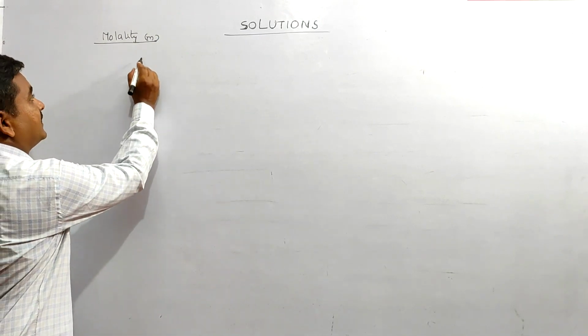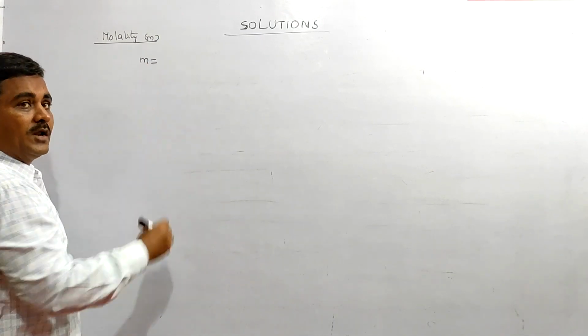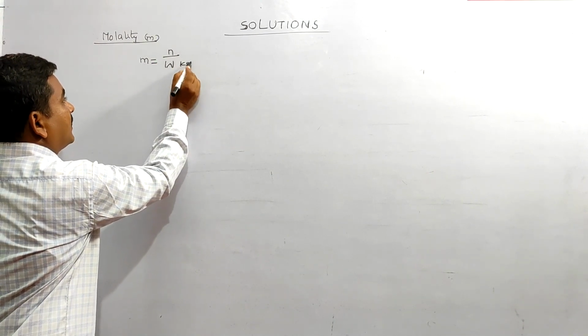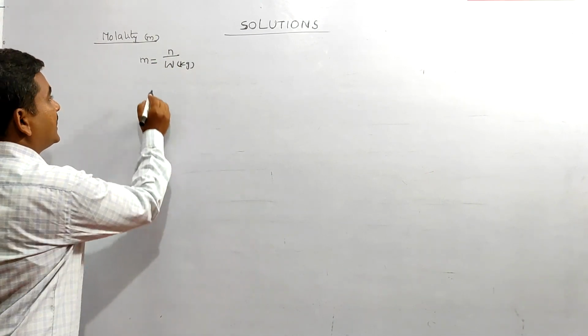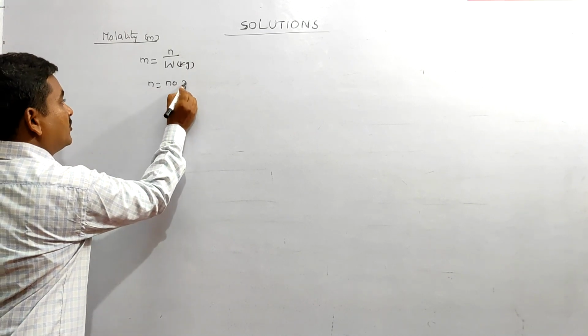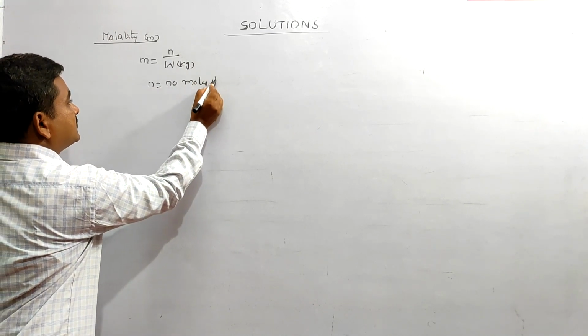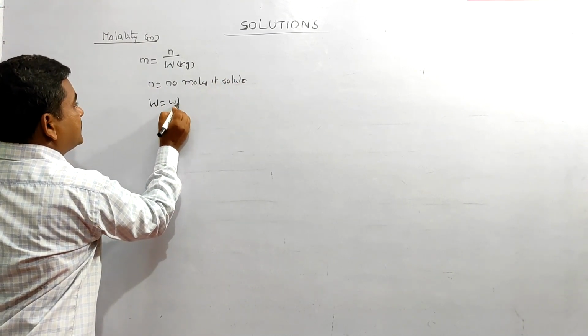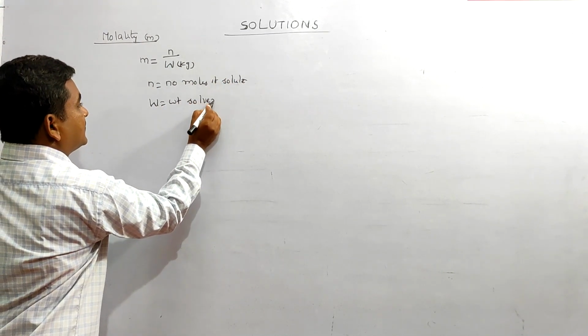We see molality. Molality is N by W. Here N is number of moles of solute, W is weight of solvent.